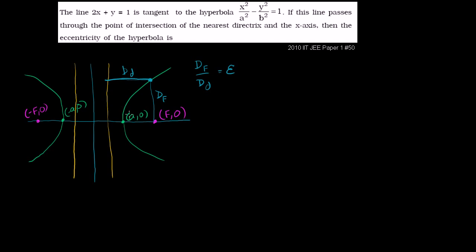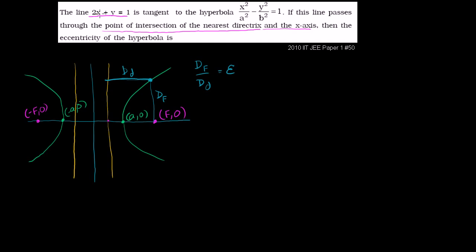Now let's actually try to solve the problem. They give us this line: 2x plus y is equal to 1. They say it's tangent to the hyperbola, and that this line passes through the point of intersection of the nearest directrix and the x-axis. So it intersects the x-axis where one of the directrixes intersects the x-axis.